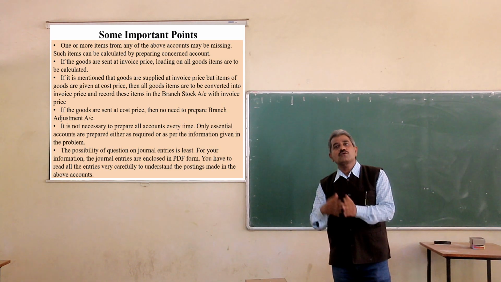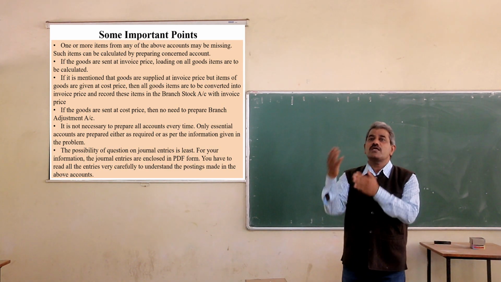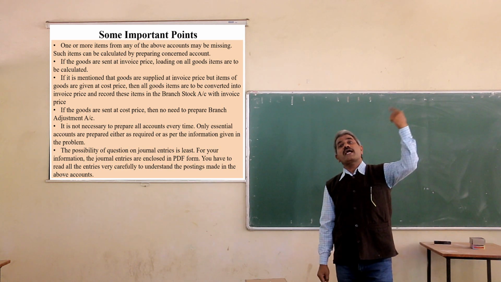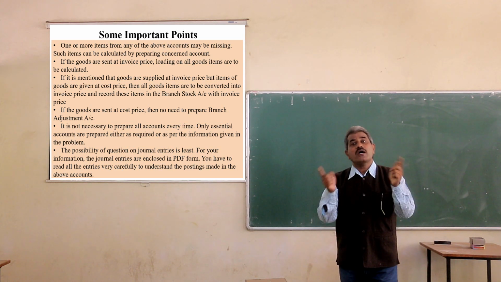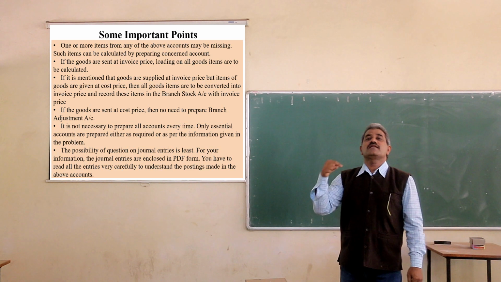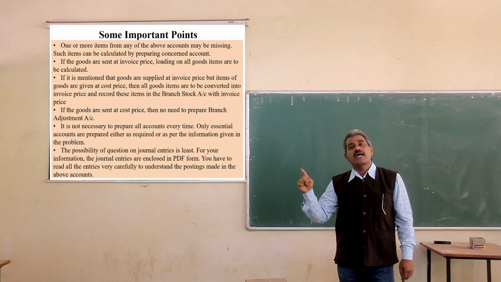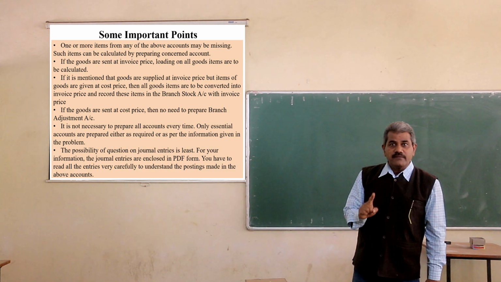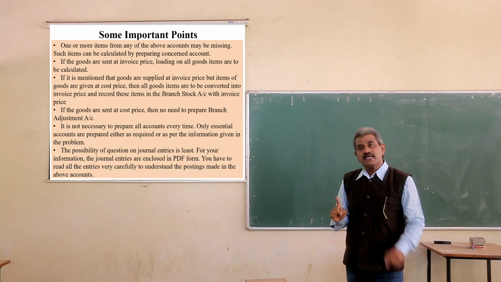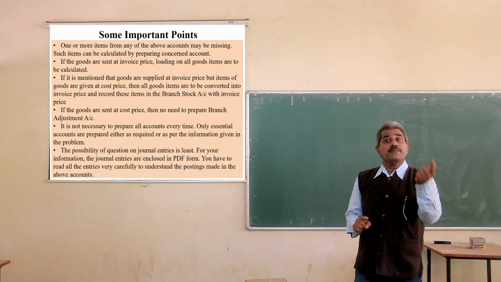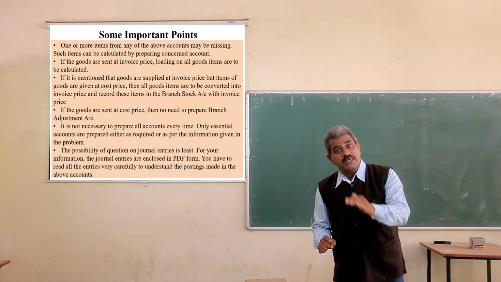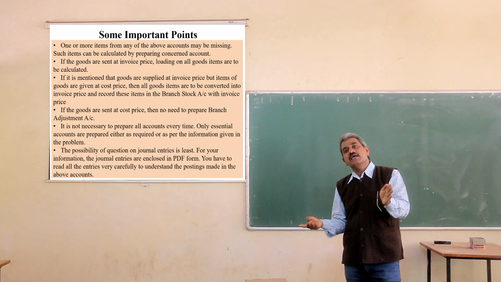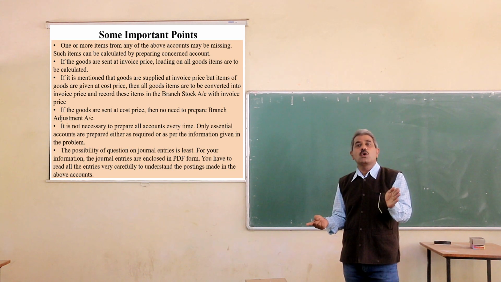It means you have to convert the cost price into invoice price, record all the goods items in the branch stock account at invoice price, and then cancel the loading in the branch adjustment account. Is that clear? So when invoice price is there, you have to calculate loading. Even if the cost price is given, you have to convert it, record invoice price, and again cancel the loading.